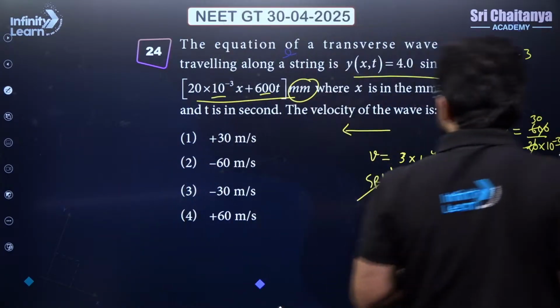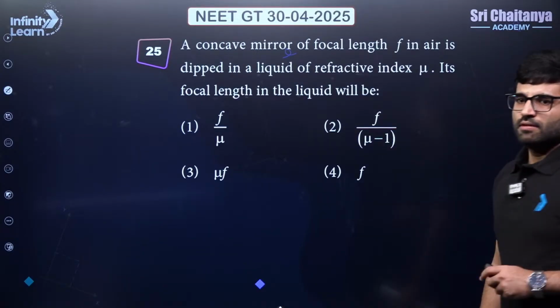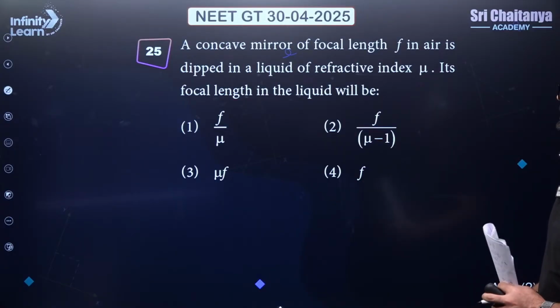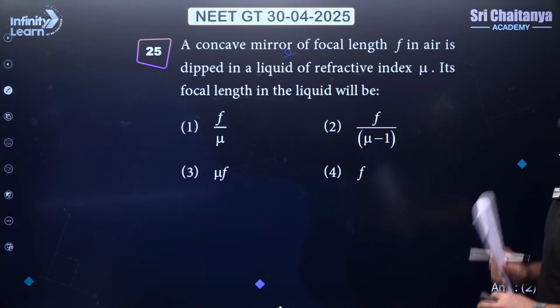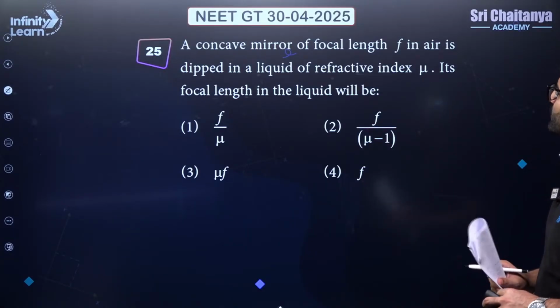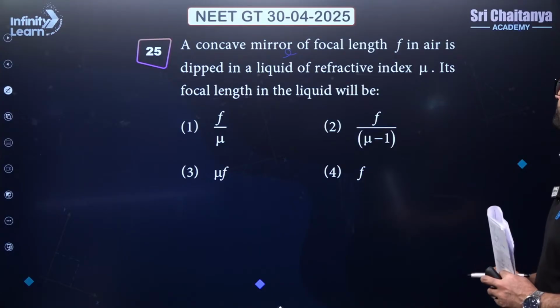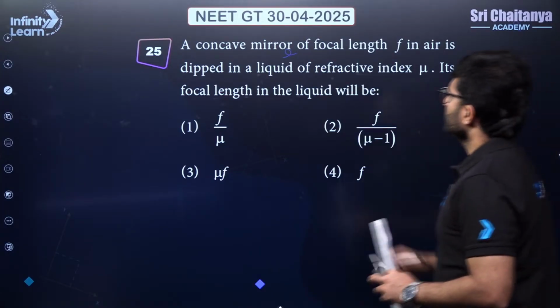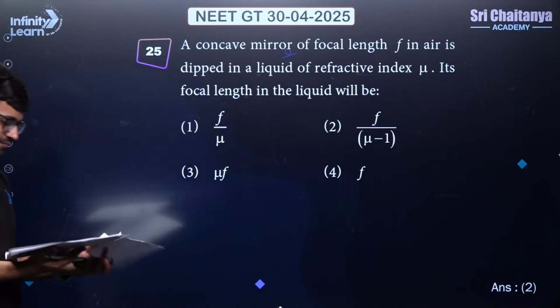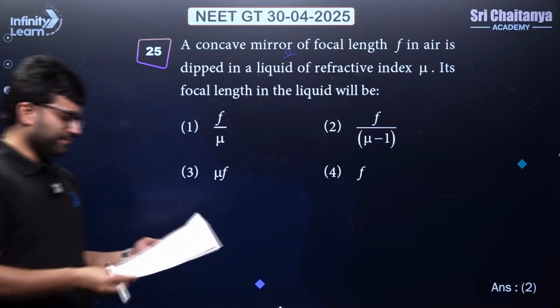Next, can we go for next? 25th, okay. A concave mirror of focal length f in air is dipped in a liquid of refractive index mu, its focal length will be? Just a minute, let me see which question this is. I have the paper with me.